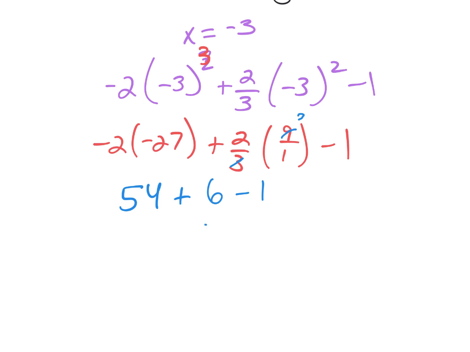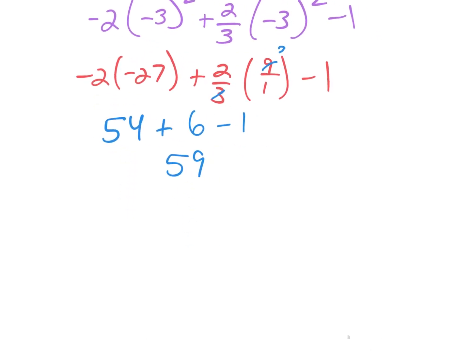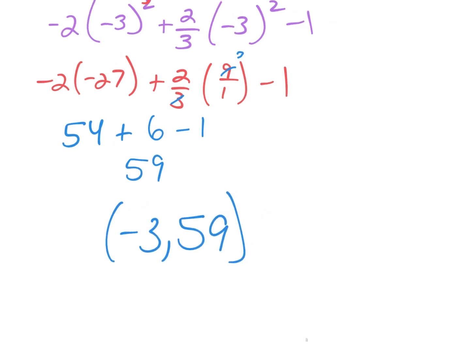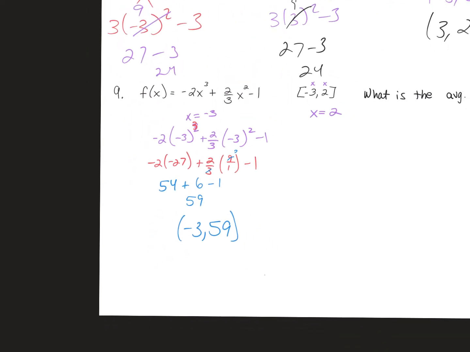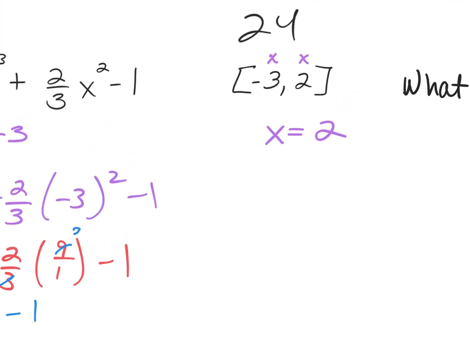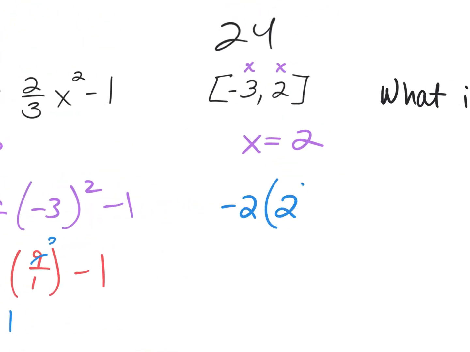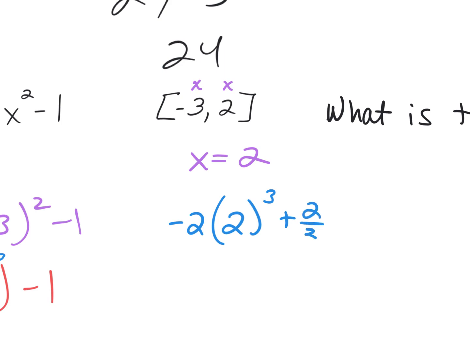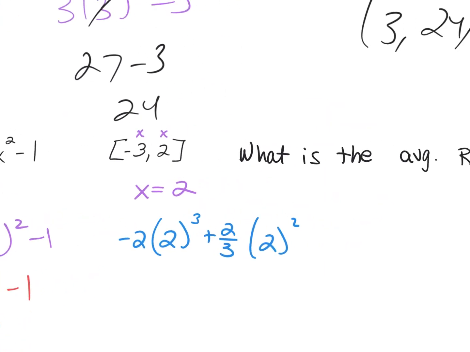Minus 1 is 59. So when I plugged in negative 3, I got out positive 59. All right, that wasn't brutal. Now we're going to come over here and do the exact same thing. So I have the function negative 2 times 2 cubed plus 2 over 3 times 2 squared. This one may not be as nice.